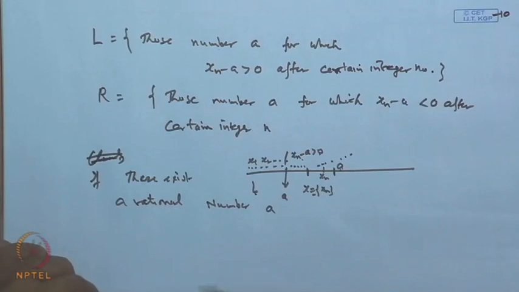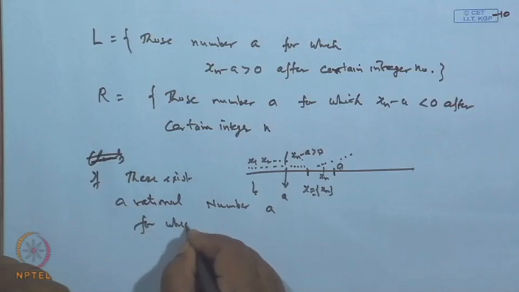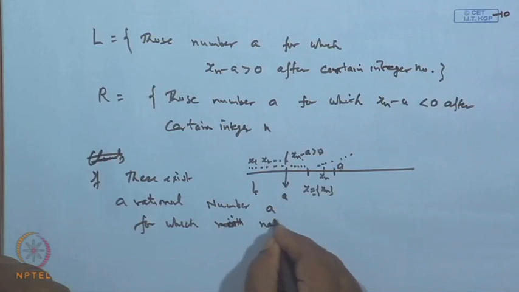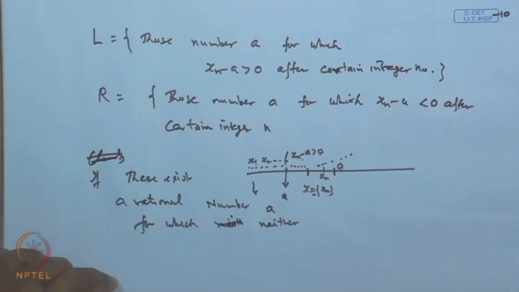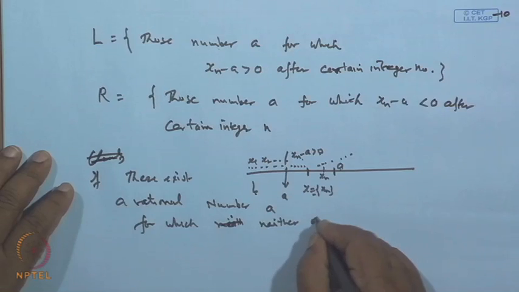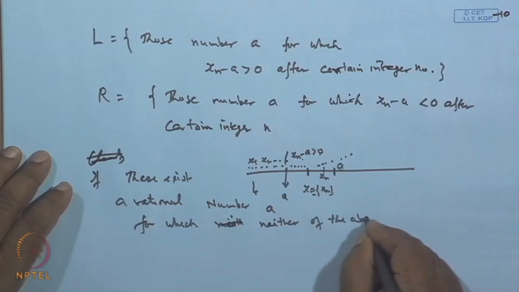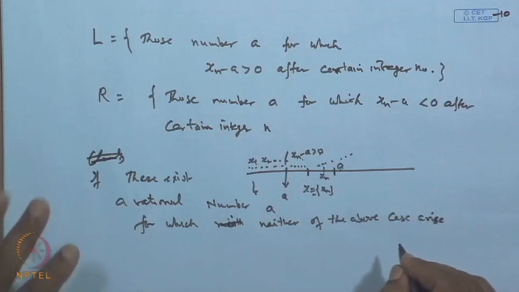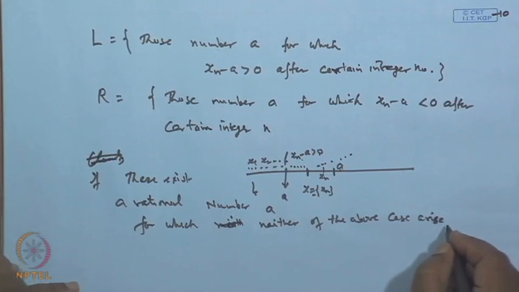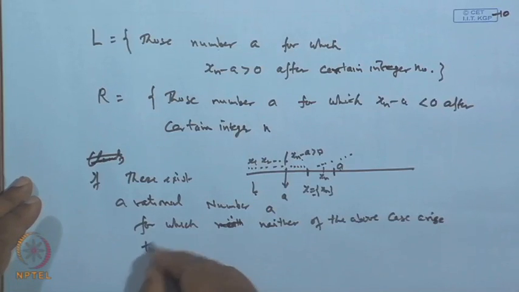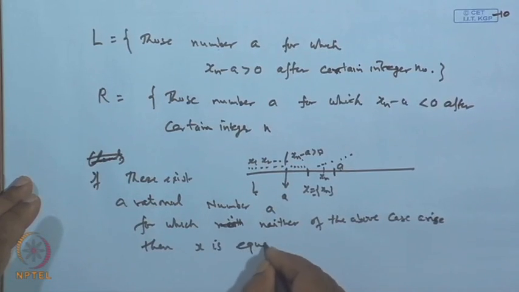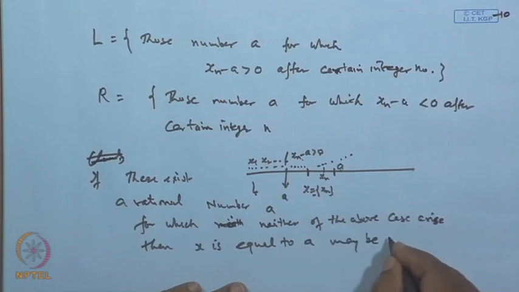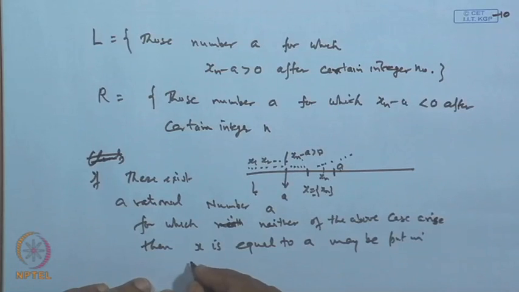If there exists a rational number a for which neither of the above cases arises, then x is equal to a, and a may be put in either of the classes.